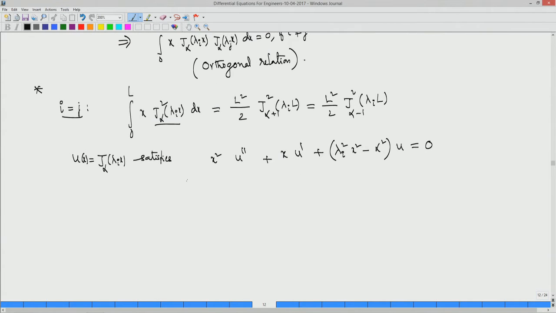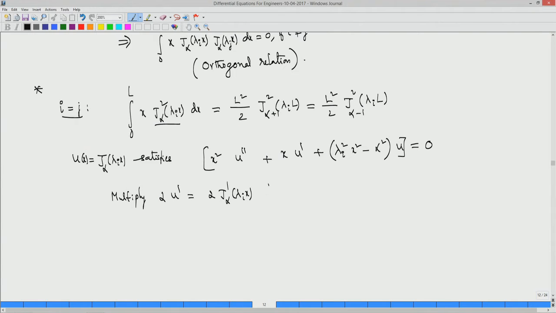For this equation, I multiply both sides by 2 u dash, that is, 2 times J alpha dash of lambda i x.